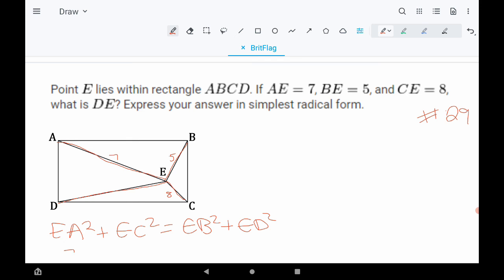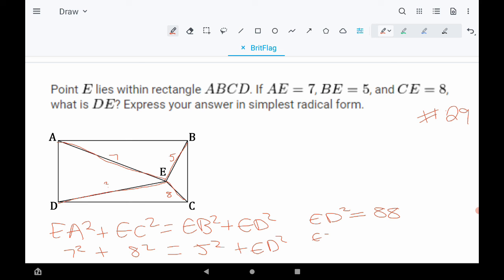So EA squared, that's 7 squared, just plugging in the numbers. EC squared is 8 squared. EB squared is 5 squared. ED squared is still unknown, right? That's what we want to solve for. And if we just rearrange, manipulate, solve this equation, ED squared is equal to 88.